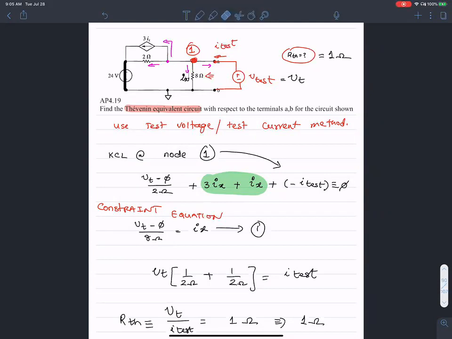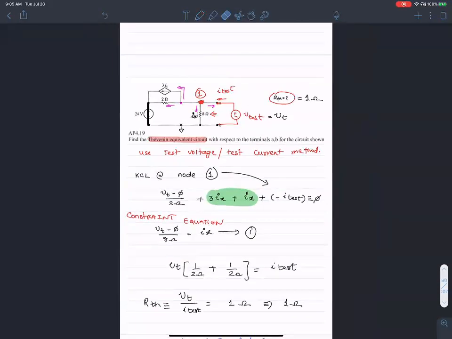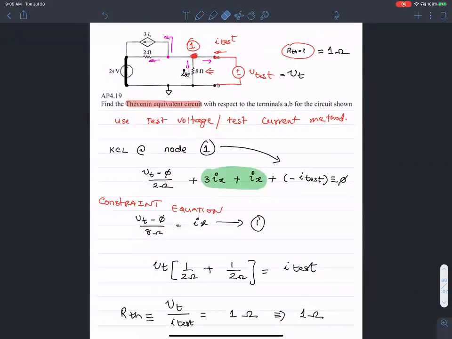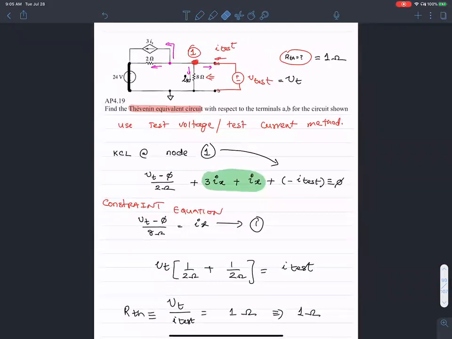Okay, so this is how you find V Thevenin and R Thevenin when you're out to calculate using the test voltage, test current method. Practice some more problems.